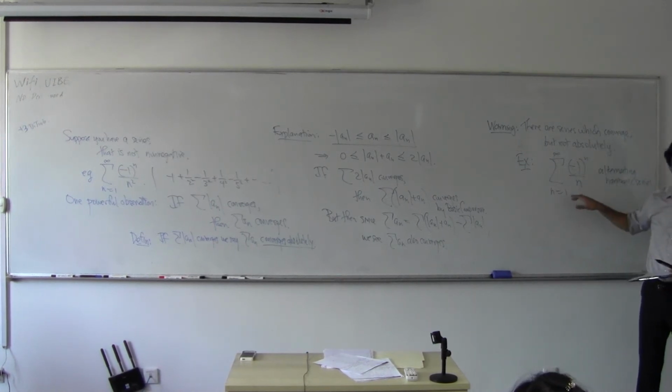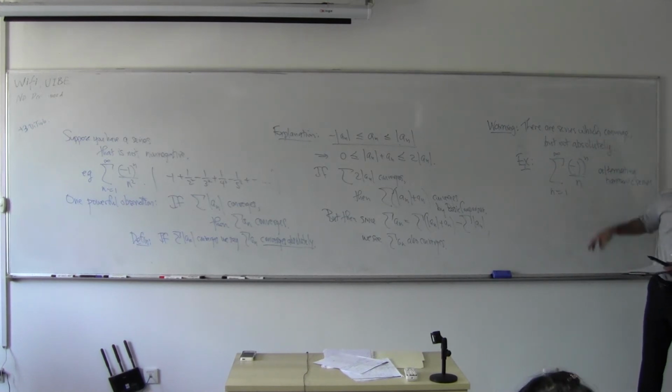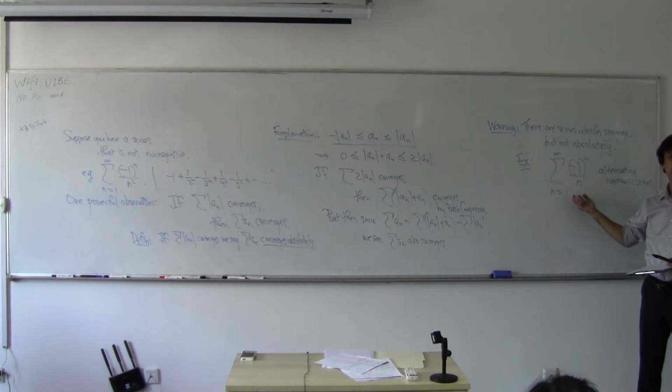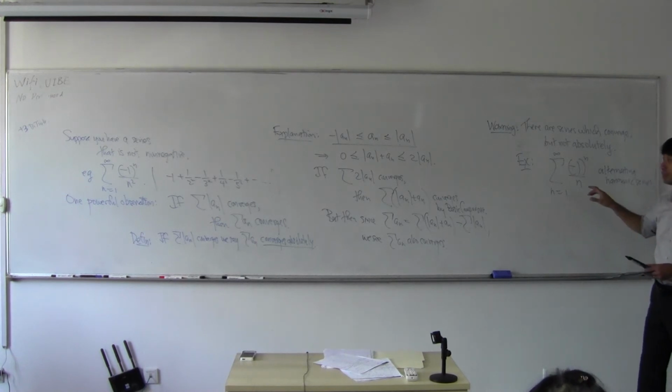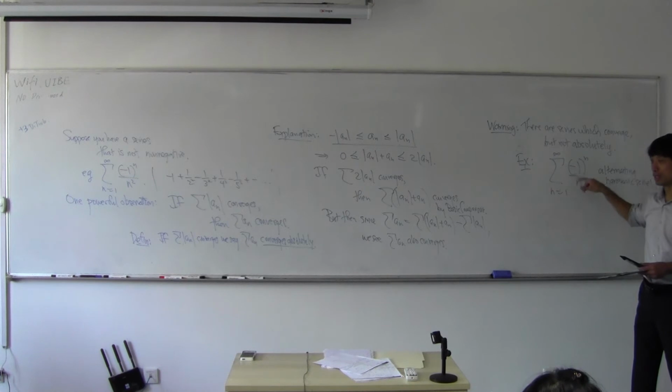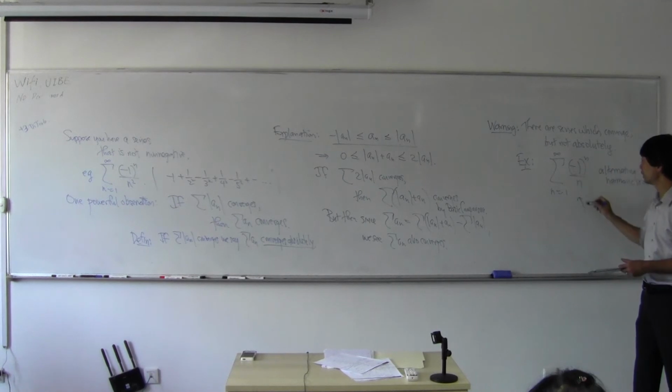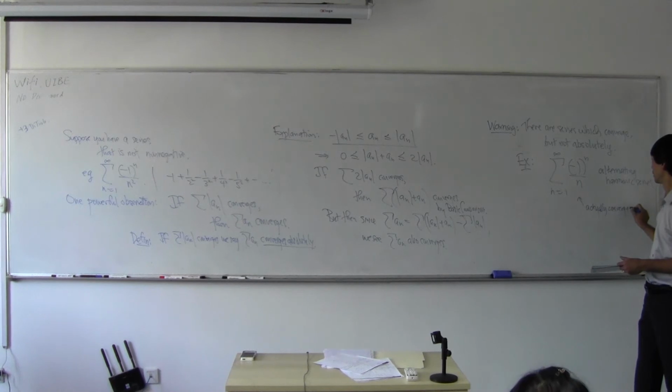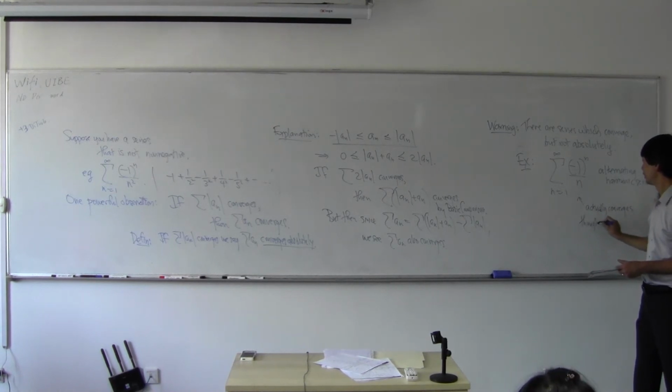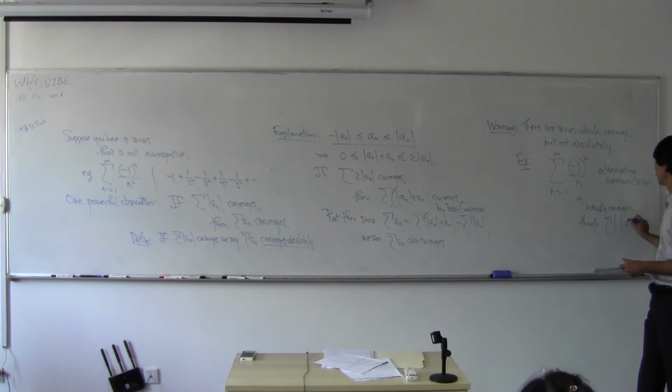What happens if somebody gives you this and says, does this converge? And you just say, I'm going to take the absolute values of it. What happens when you take the absolute values? You get 1 over n, which diverges. So the absolute values don't converge. But in fact, the original series actually converges, though the absolute value doesn't.